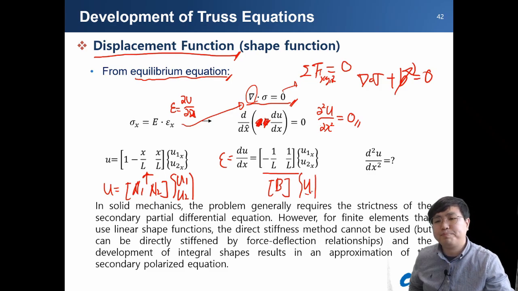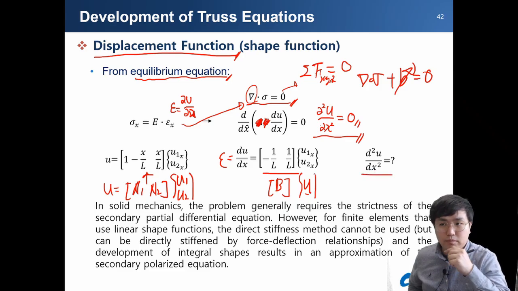In this stage, our governing equation has a second order derivative with respect to x, so after taking one more derivative, this becomes equal to 0, because all values are constant and not a function of x anymore.